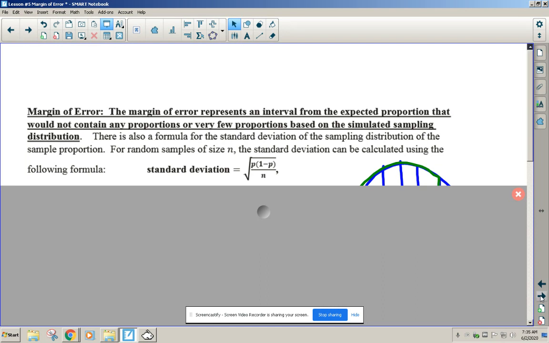If we know our population proportion, then we also know what not, or 1 minus our population proportion, is. To calculate the standard deviation ourselves, we multiply our population proportion by 1 minus our population proportion, divided by the number of items in our sample, and then take the square root. That would give us our standard deviation.